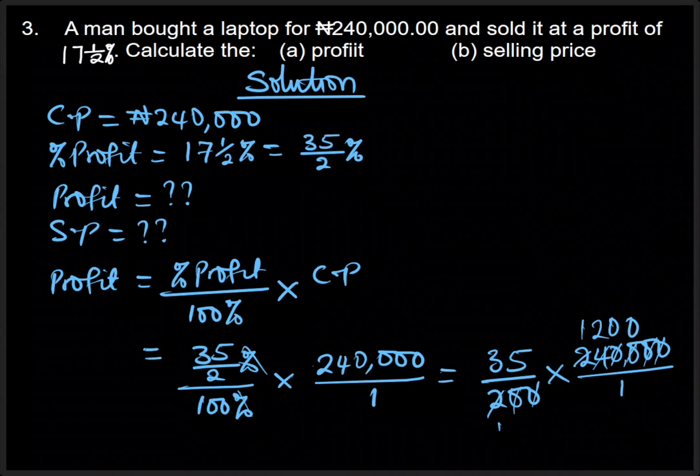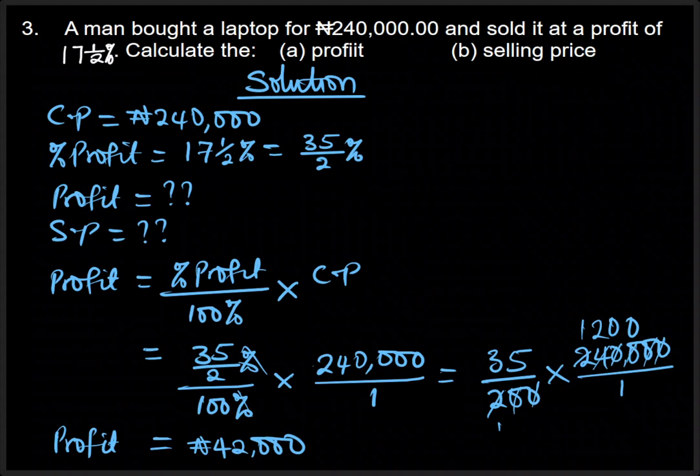So our profit at this point will be 42,000 naira. So our profit will be 42,000 naira. That's our profit. So can we now proceed? Let's proceed to find our selling price.